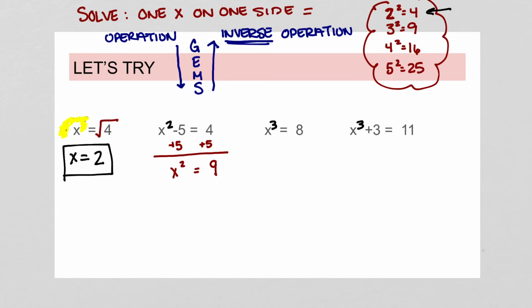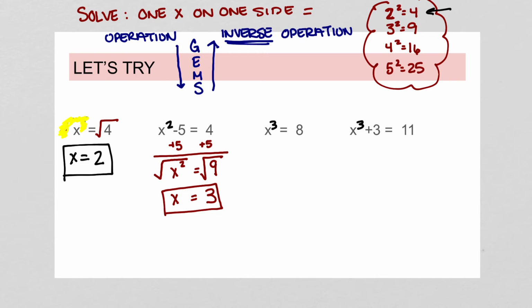There's no multiply or divide, but there is an exponent. So I'm going to take the inverse of squared, which is the square root. What I do to one side, I do to the other. That square root and that squared undo each other, leaving me only with x on the left side. And what is the square root of 9? What times itself gives me 9? That is 3.